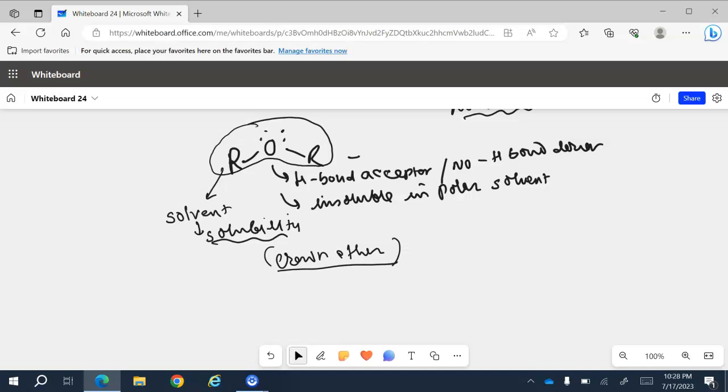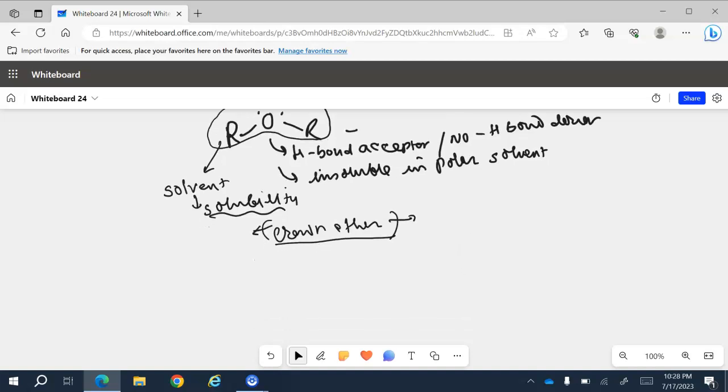This crown ether will be acting as the polar solvent, and the ion can be solvated. Those crown ethers are of a variety of different types, depending upon what type of ions need to be dissolved.